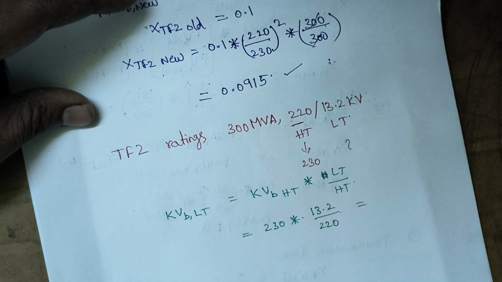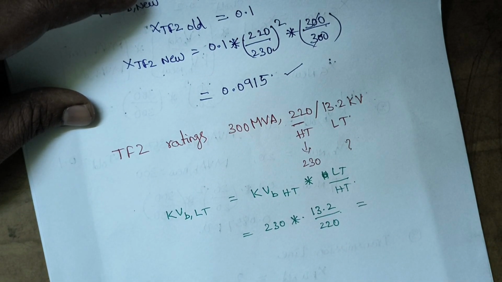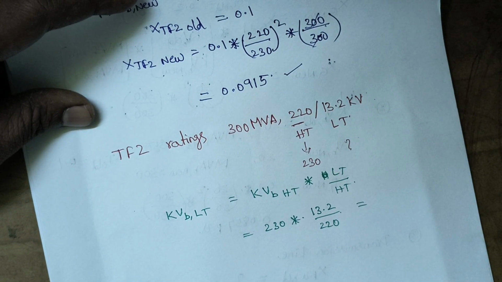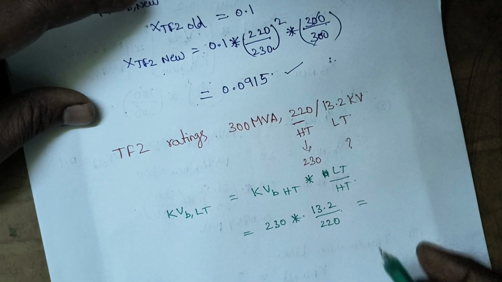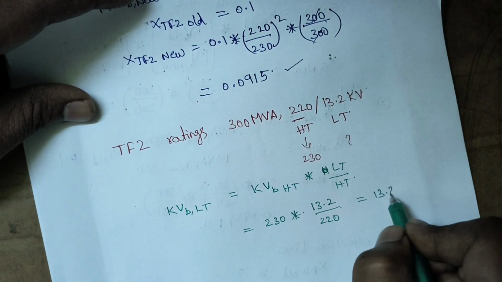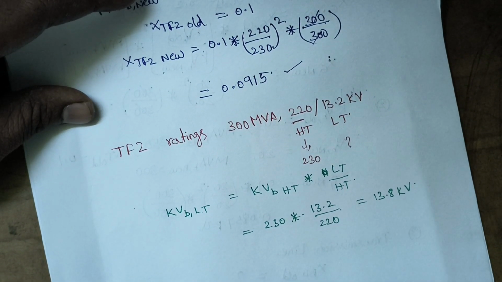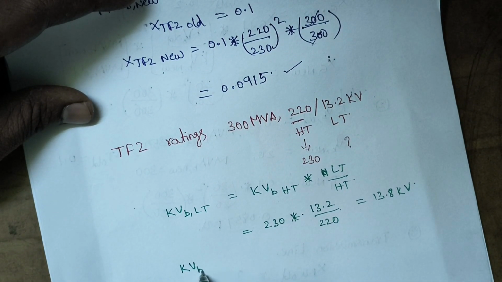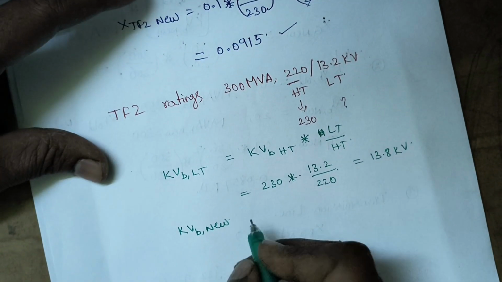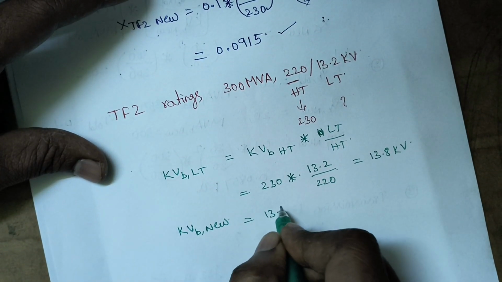Then how much is this value? It is around 13.8 kV. So now this 13.8 is kVB new. This is for the two motors, which is equal to 13.8.